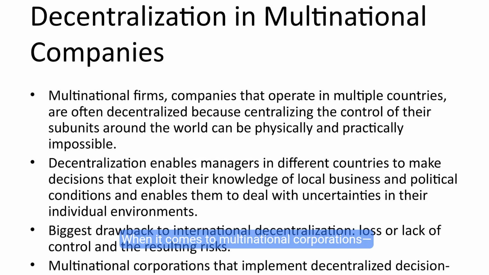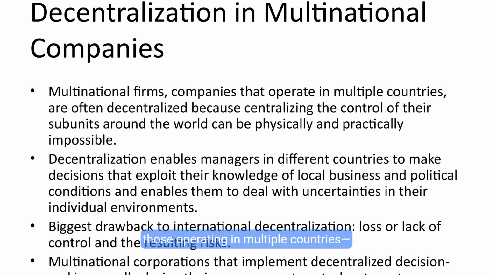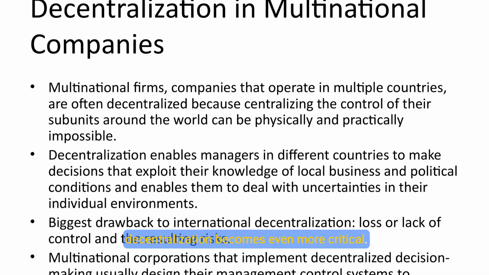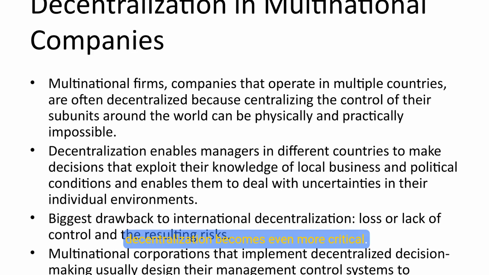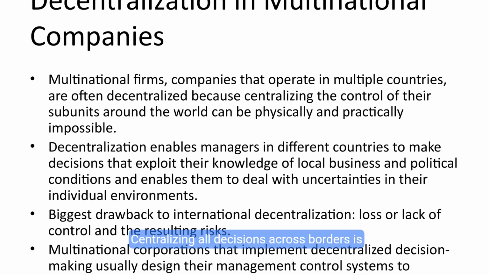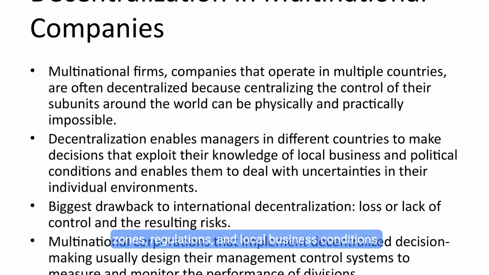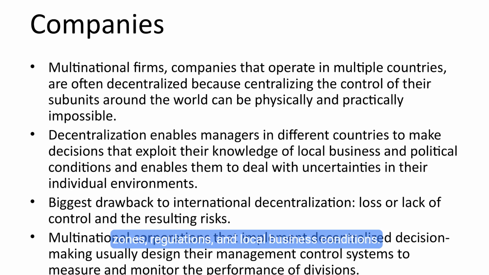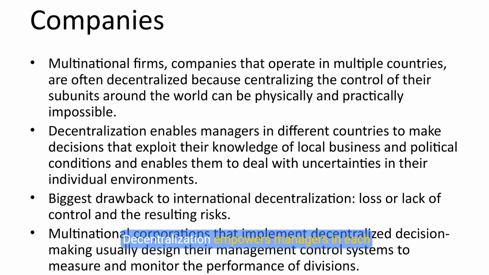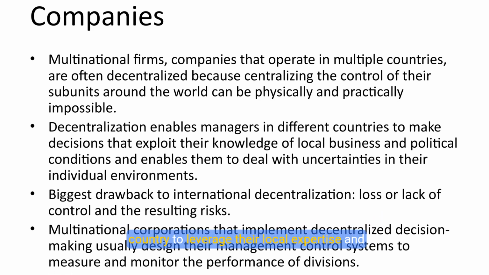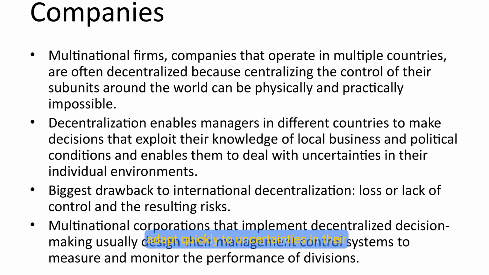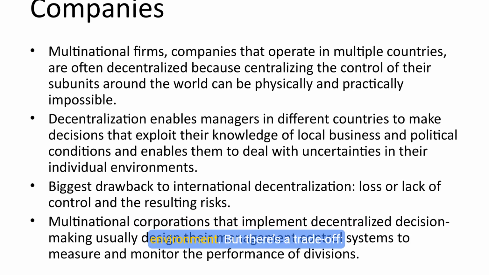When it comes to multinational corporations, those operating in multiple countries, decentralization becomes even more critical. Centralizing all decisions across borders is simply impractical due to differences in time zones, regulations, and local business conditions. Decentralization empowers managers in each country to leverage their local expertise and adapt quickly to uncertainties in their environment.